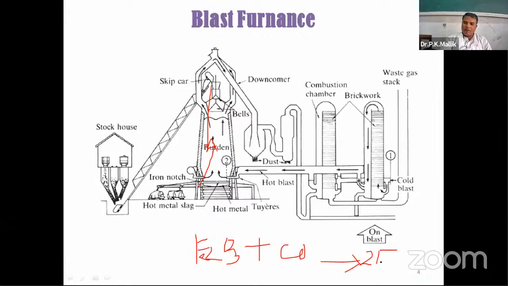It produces Fe3O4 plus CO2, carbon dioxide. Then the Fe3O4, magnetite, is reduced by carbon monoxide and produces FeO and also carbon dioxide.